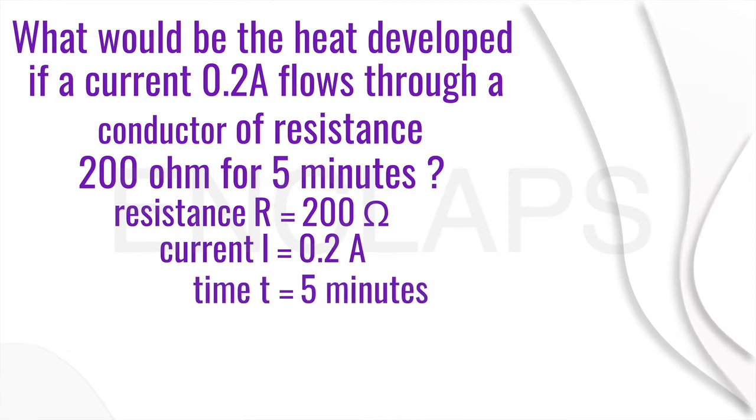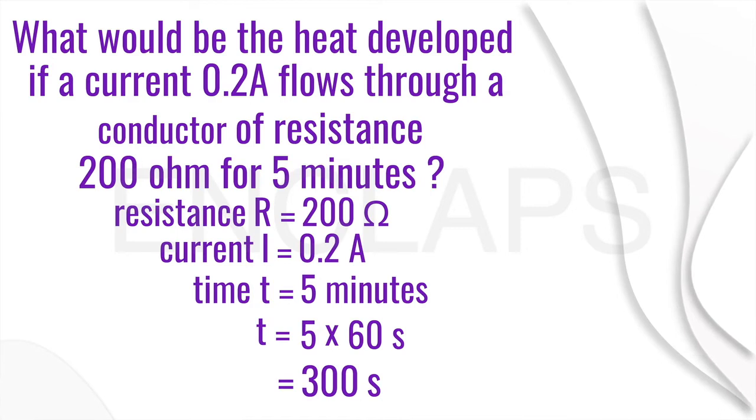Always make sure that the units are in the standard form. Here the time is given in minutes, so we have to convert it into seconds. Therefore, time is equal to 5 into 60. 1 minute is equal to 60 seconds. The value comes out to be T is equal to 300 seconds.